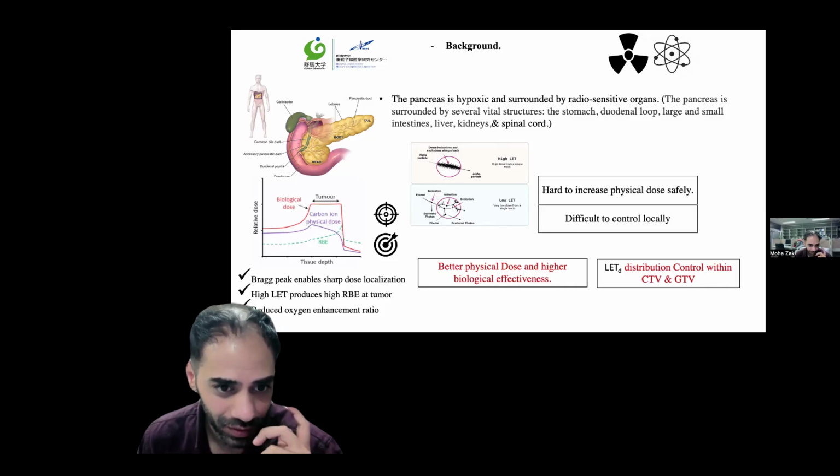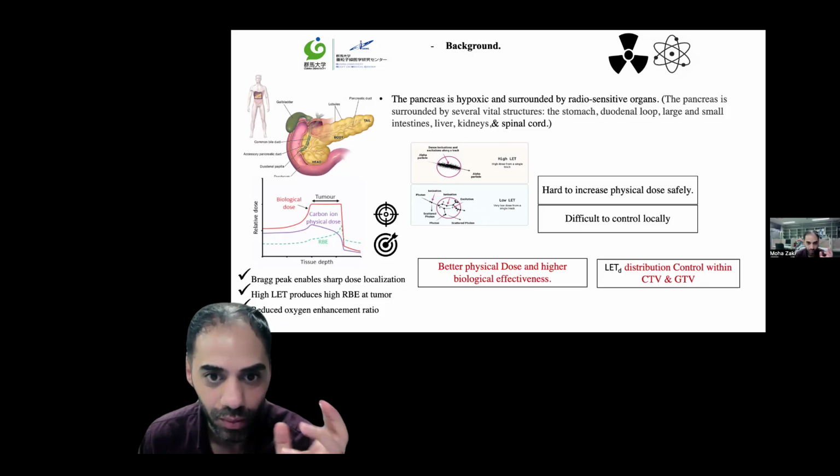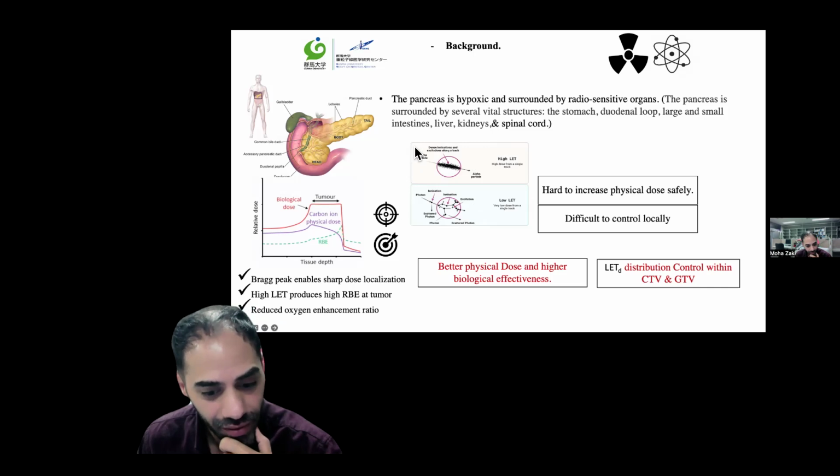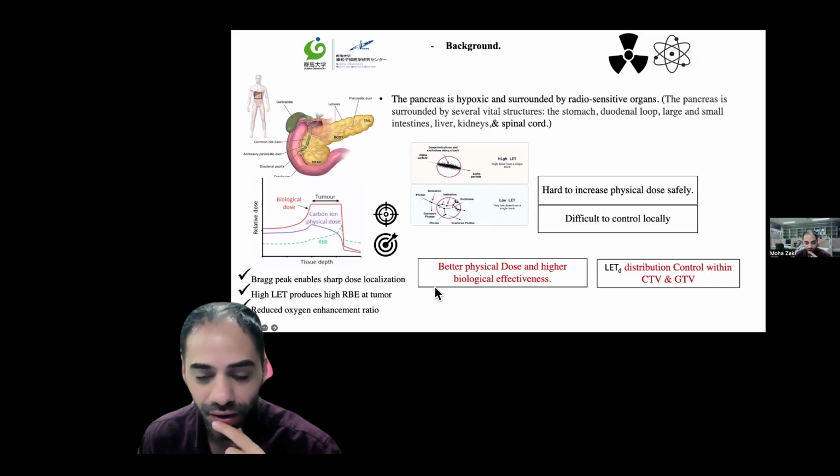And carbon ion has high LET, which can increase RBE in tumor and might reduce the influence of hypoxia. Therefore, carbon ion is a promising approach for pancreatic cancer. It can show better physical dose and higher biological effect.